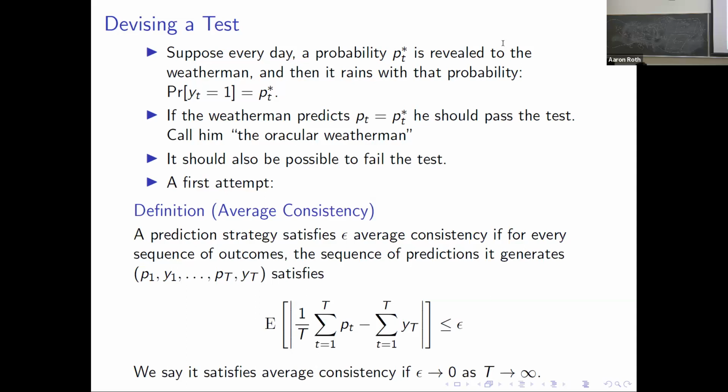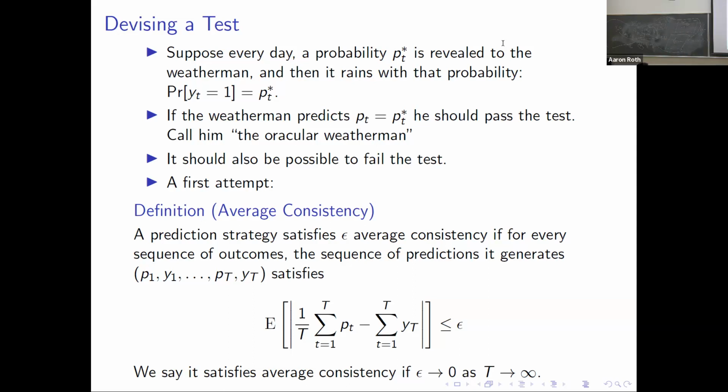And so maybe here's a first cut at a test, something we could test for that would at least be possible to fail and that would pass the oracular weatherman. Let me call it average consistency. It's basically just checking that the weatherman's forecasts aren't statistically biased. The test is pretty simple.